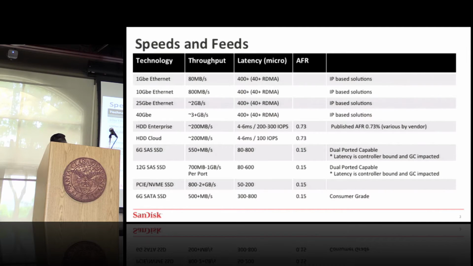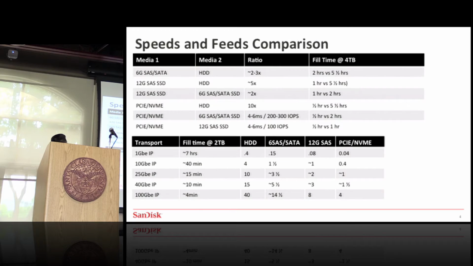Sorry about that. So when you look at the speeds and feeds comparison, 6G SAS compared to SATA, you're about 2 to 3x. When you look at filling a 4 terabyte drive, you're looking at 2 hours versus 5.5 hours. When you look at 12G, it's 1 hour versus 5.5. 12G to 6G SAS, you're 1 hour versus 2 hours.